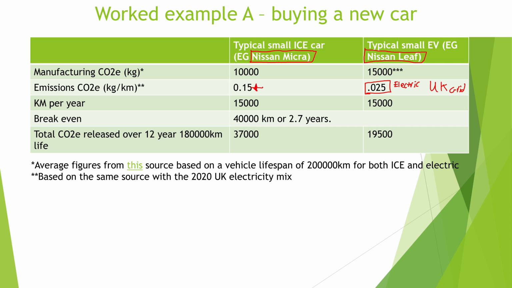Even if, and I'll say this in a little bit, but even if you live in somewhere like Poland or Taiwan, as I currently work, where it's mostly from coal, these figures will still be much better than burning the fuel directly in your car. And the reason for that is that a large thermal station is a much more efficient way of turning fossil fuel into energy than the small power station that you have in your car.